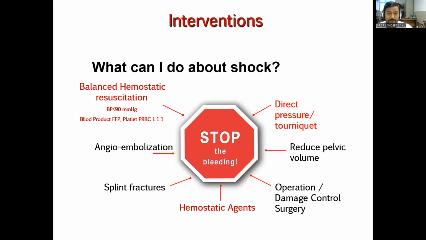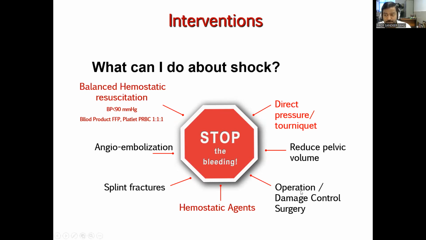What intervention can anybody do for managing hemorrhagic shock? Definitely stop the bleed, whether in the emergency, a fractured limb, a bleeding wound, or a patient bleeding inside the cavity in the chest, abdomen or the bones. We have to give early OR access. Here is the role of the anesthetist and surgeon: we have to stop the bleeding inside the body, because inside bleeding is not obvious outside. Obvious bleeding outside we try to stop by direct pressure or a tourniquet.